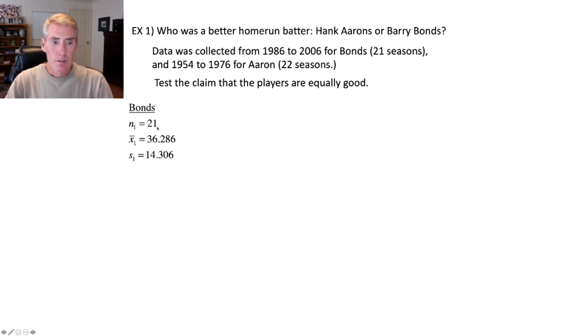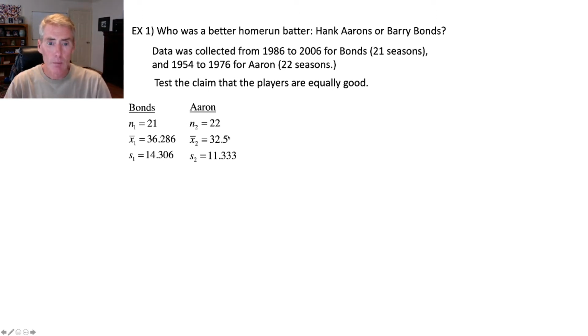So for Bonds, I took his 21 years, how many home runs he hit each season, found the mean and standard deviation. For Hank Aaron, I took his 22 years, how many home runs each season, and here's his mean and standard deviation. So Bonds' average is a little bit better, but then again, he was less consistent than Hank Aaron.